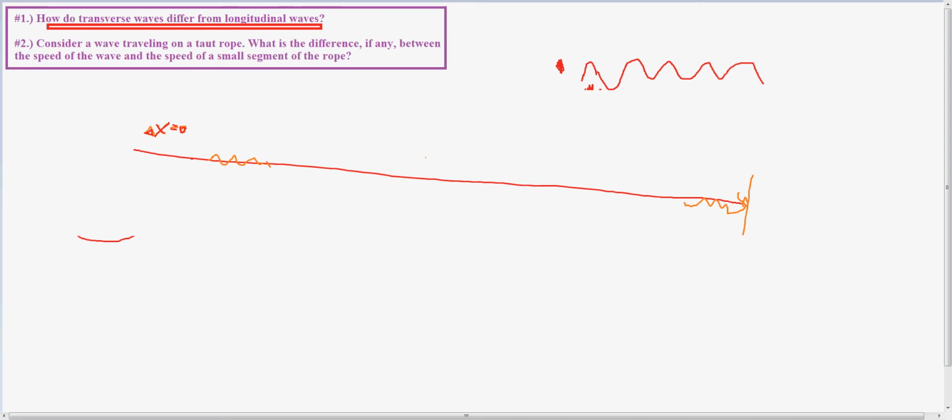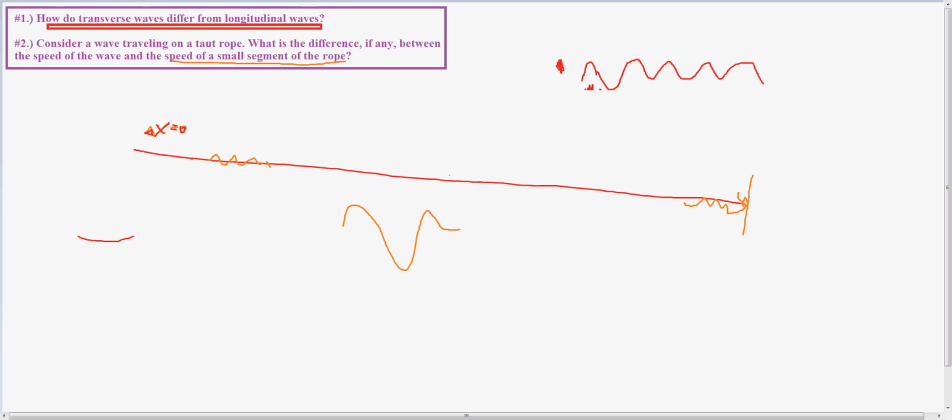The speed of a small segment of the rope is actually going to be 0, because for the most part, if you just wiggle it once, one crest, one trough, the rope will actually just maintain its tautness. But the wave will go down and up, causing a displacement over a small segment.